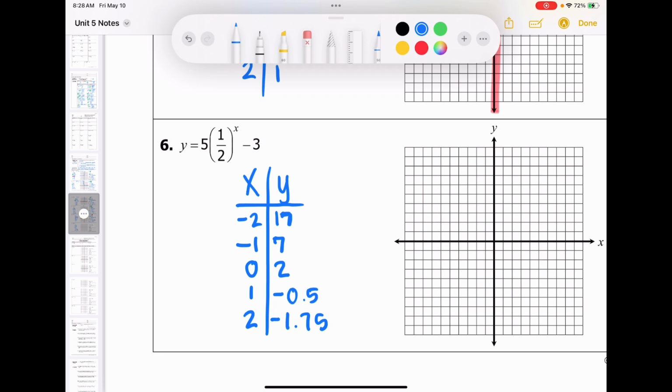So now I'm going to graph these. I'm unable to graph where x is -2 because our graph doesn't go up to 17, so we're unable to graph it. So I'm going to start with -1. So -1, 7.